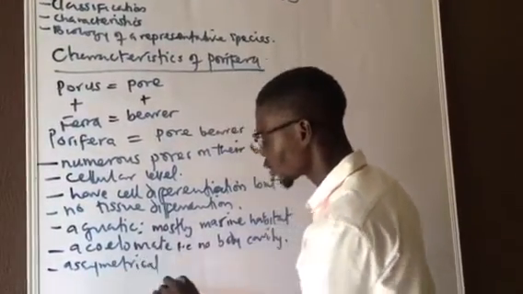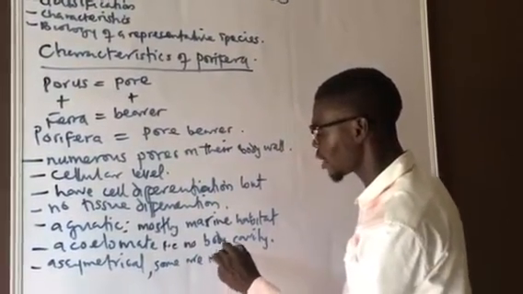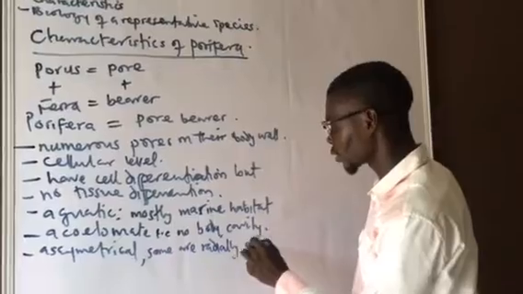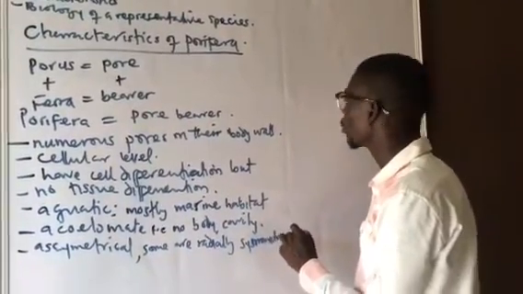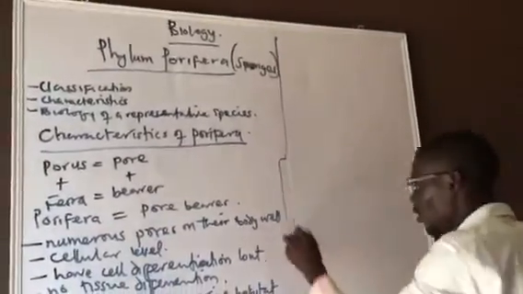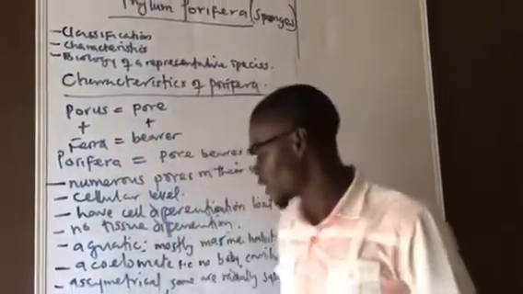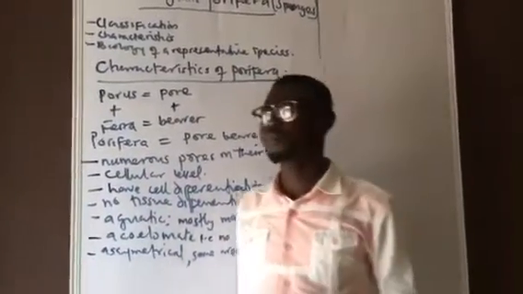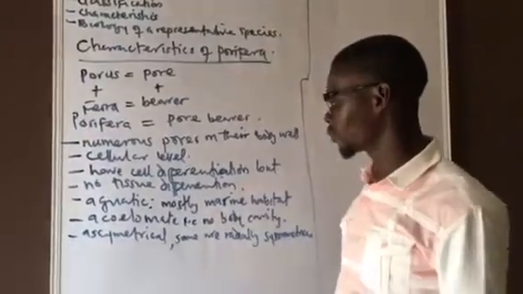Not all, some are radially symmetrical. So we have some that have asymmetry, they don't have a line of symmetry, while some have radial symmetry. So we have two forms of that.